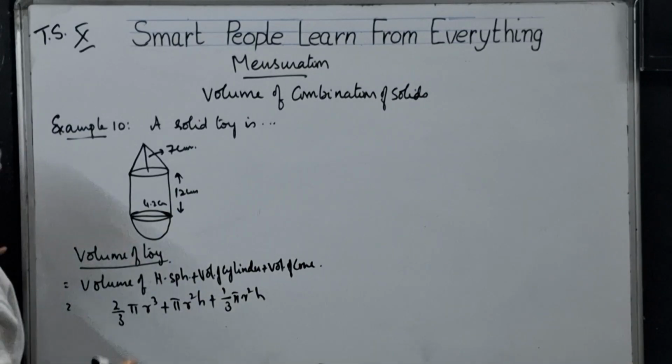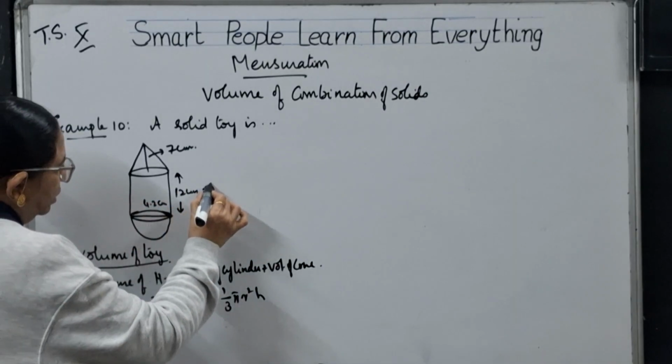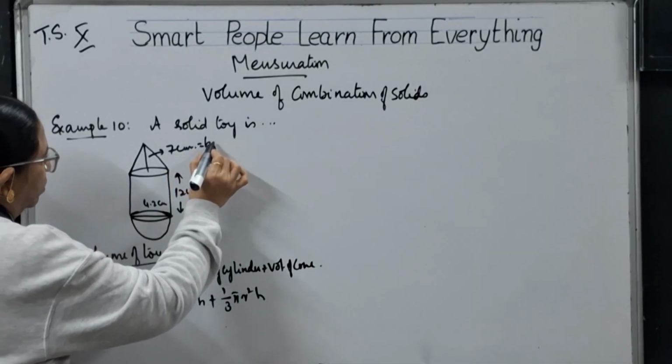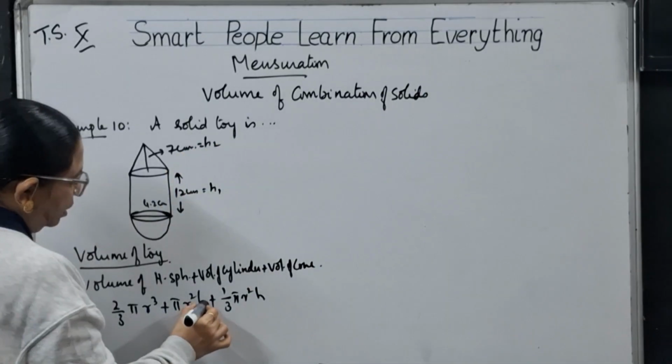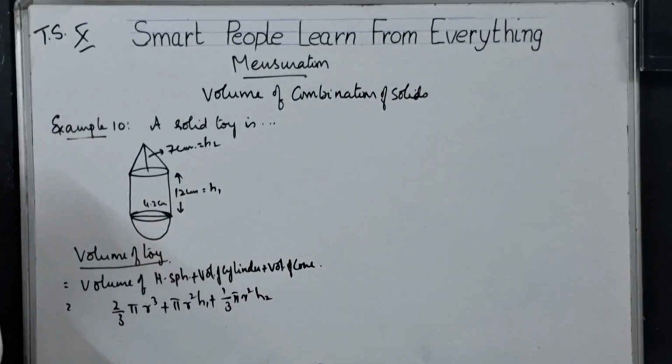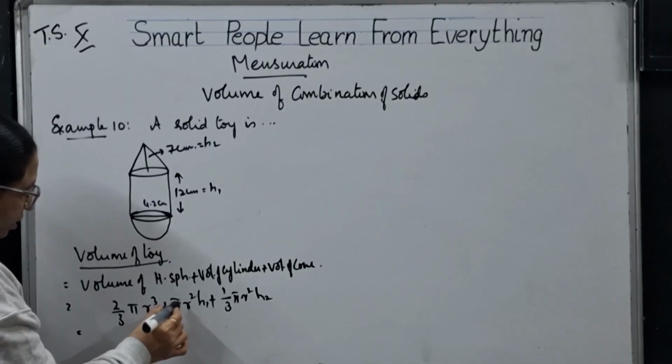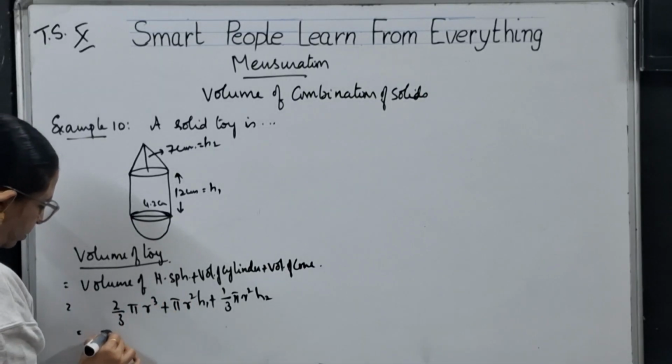So here cylinder is having one height, h1 I'll call, and this I'll call h2. So in this case you can take out pi r square as common.